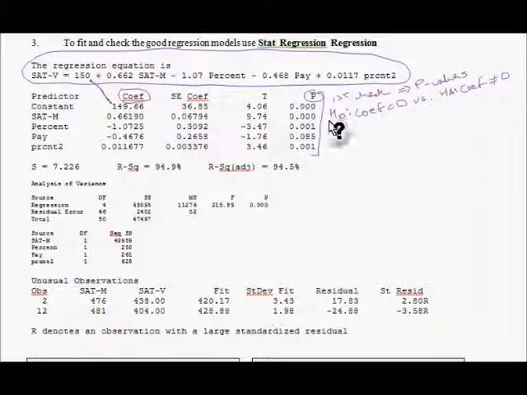Well, if the p-value is less than or equal to our usual value of 5%, then HA is true, which says the coefficient is definitely not 0. In other words, that term is useful.